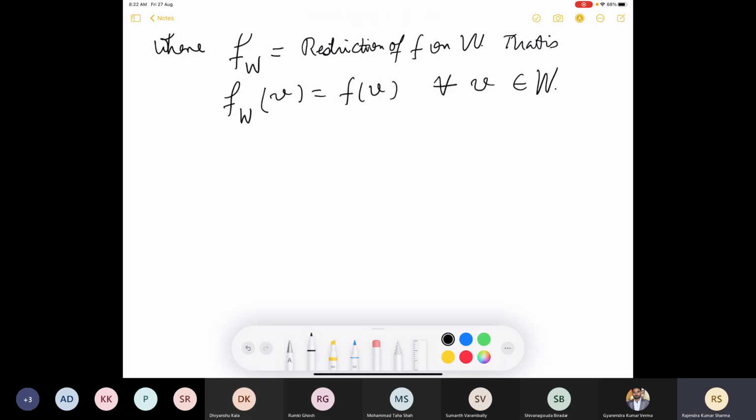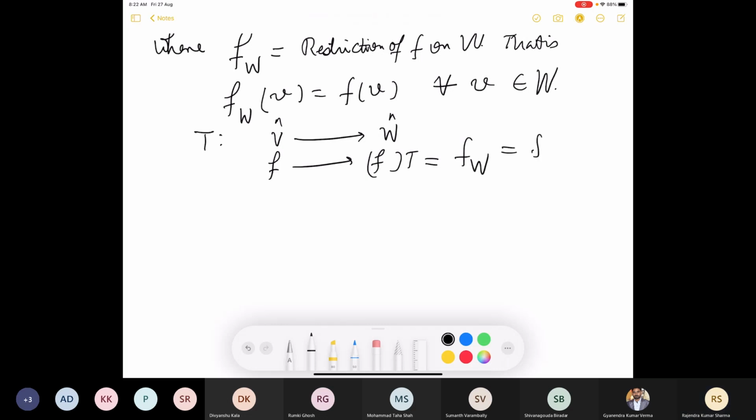Now, one can see what we have here, this map. So, what is the map? Recall the map T is from V hat to W hat. And how we are mapping: F to F T as F of W, the restriction of F to W. Now, this map is well defined.